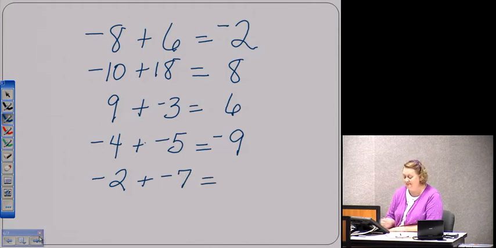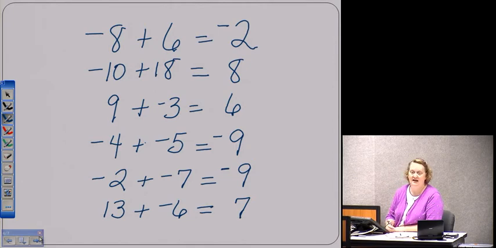Signs are the same. Add. Keep the sign of the stronger number. Signs are different. Subtract and keep the sign of the stronger number.